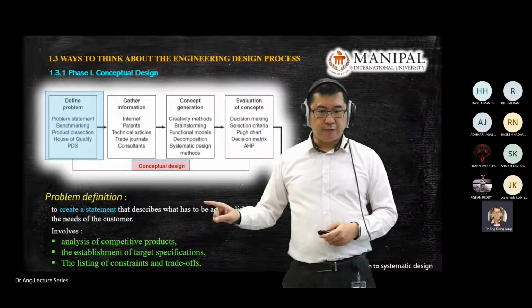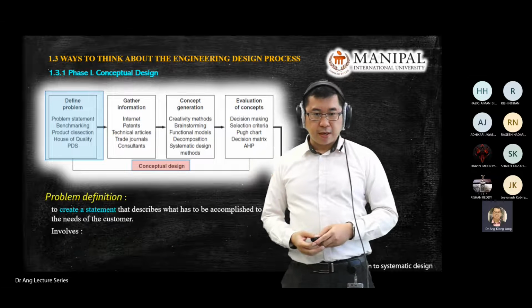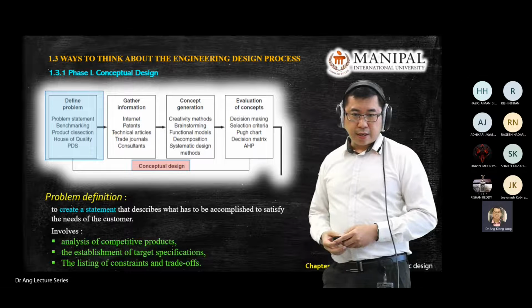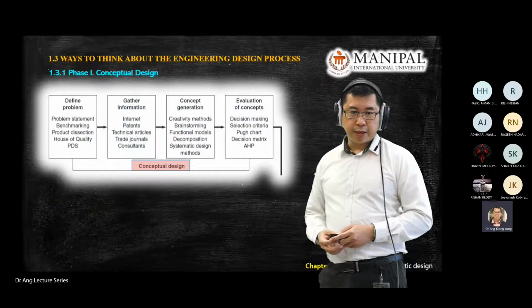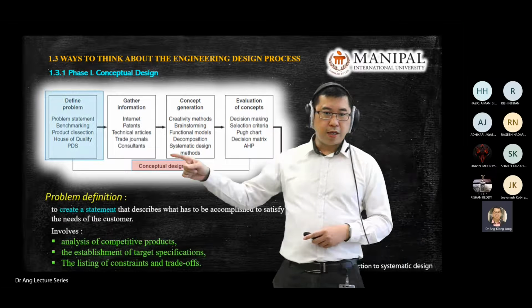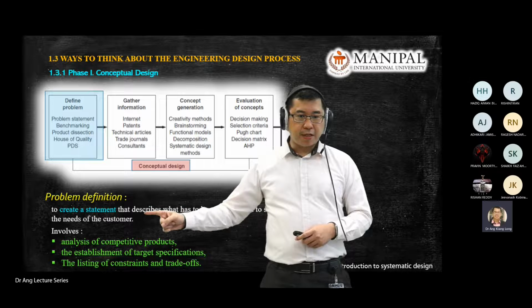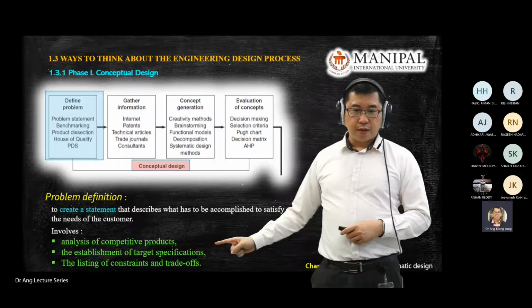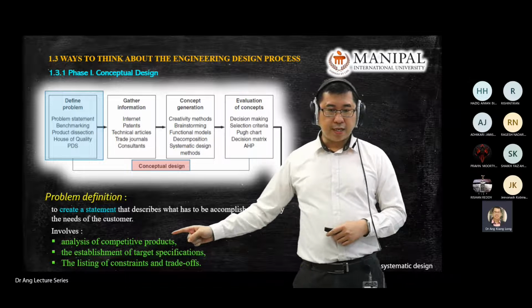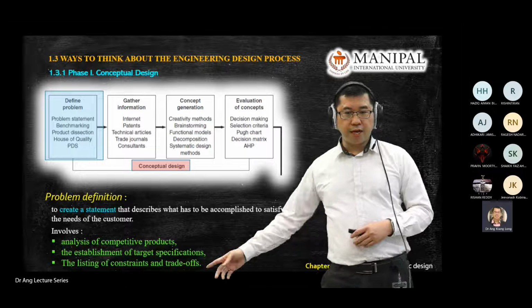Okay, so this is for problem definition. We stop here. In this class, problem definition means a statement, and what is inside the statement? It involves the analysis of competitive products, the specifications, and the constraints.